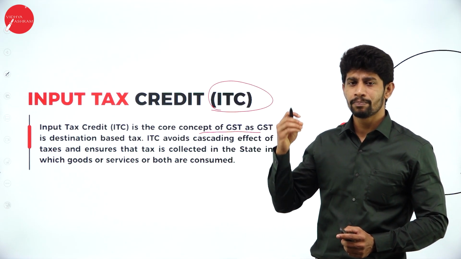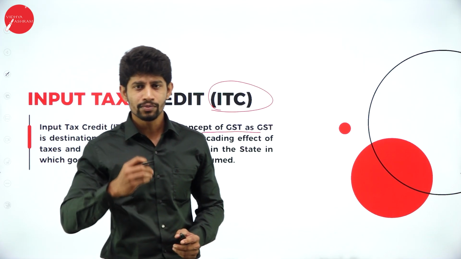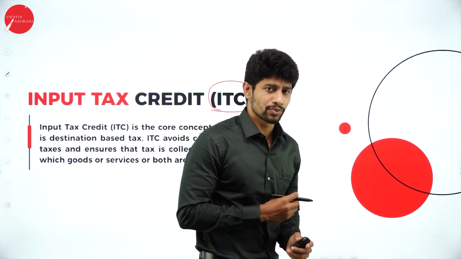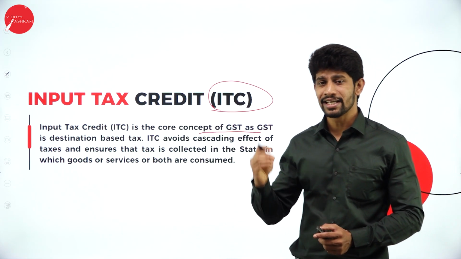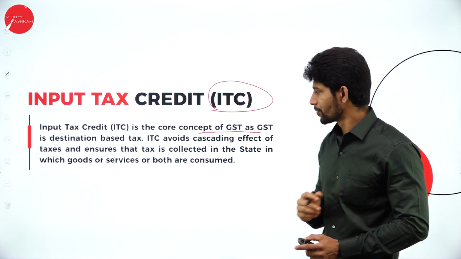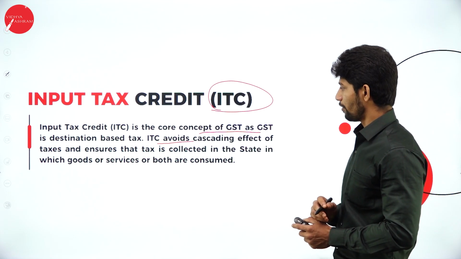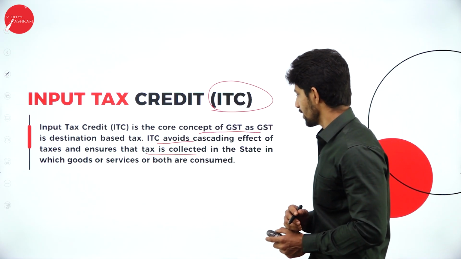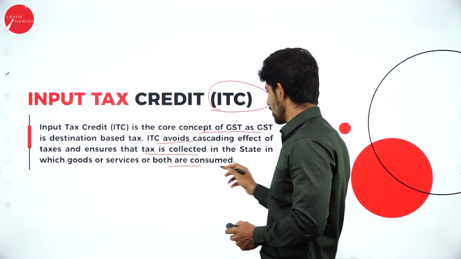It is the particular person who purchase or who consumes the product, that person is liable to pay GST to the government. So that is why GST is called a destination based tax. Okay, so ITC avoids cascading effects of taxes and ensures that tax is collected in the state in which goods or services or both are consumed.